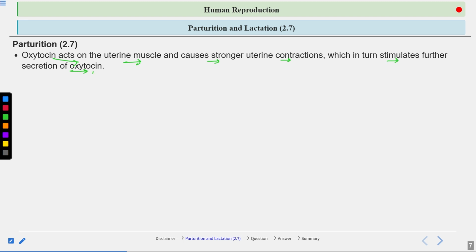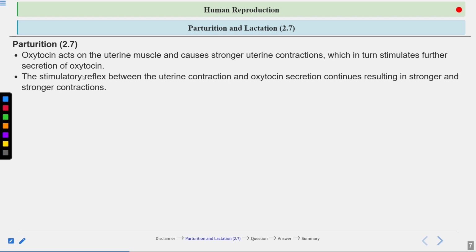Now the level of oxytocin is becoming high. Oxytocin is being continuously released, and this is intensifying the uterine contractions. The stimulatory reflex between the uterine contraction and the oxytocin secretion continues, resulting in stronger and stronger contraction.